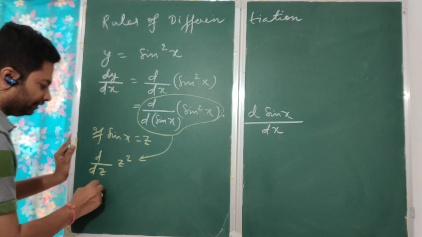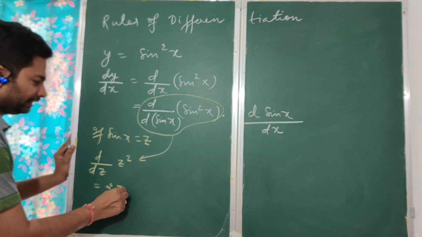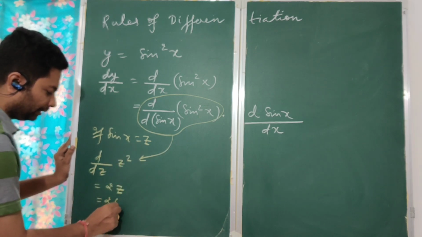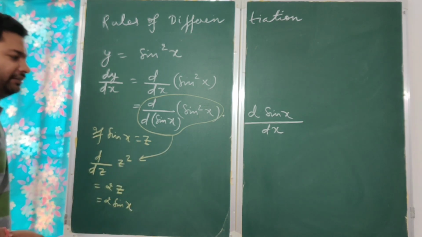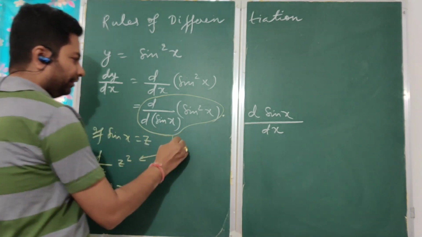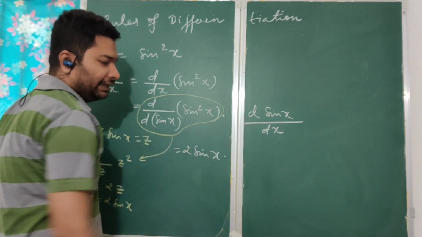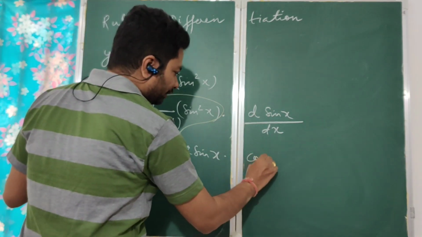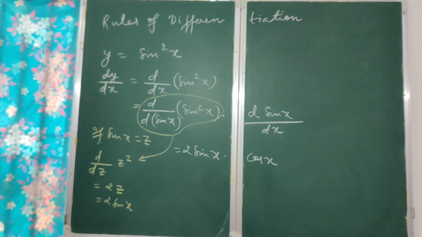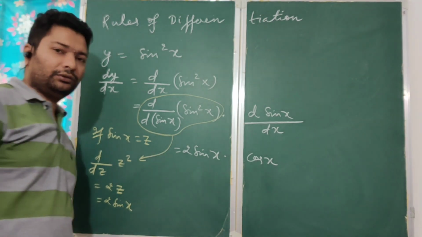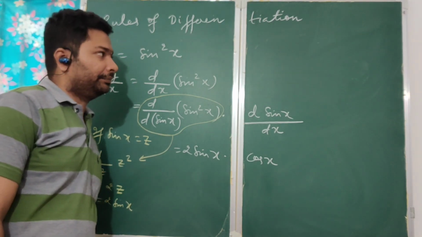And what will be the differentiation of this? This will be 2z, so it will be twice of sine x. That means we can write it as 2 sine x into d by dx of sine x, which is cos x. So the whole differentiation will be 2 sine x into cos x.